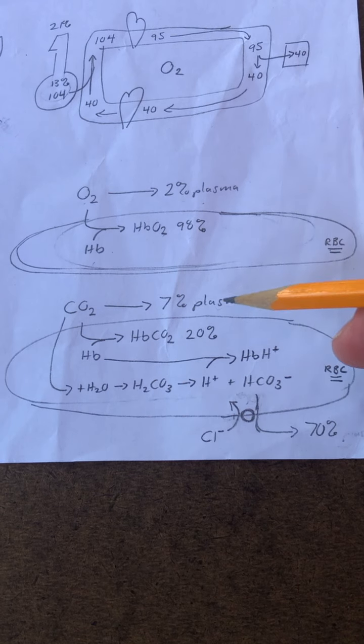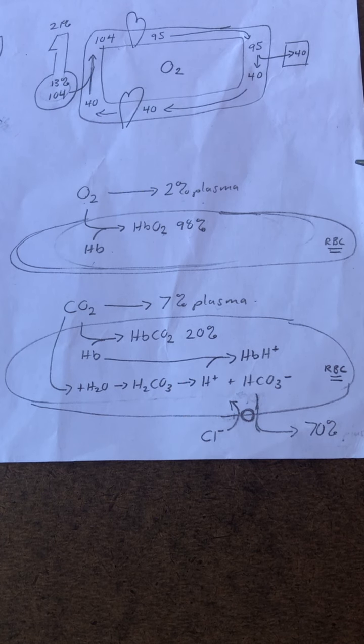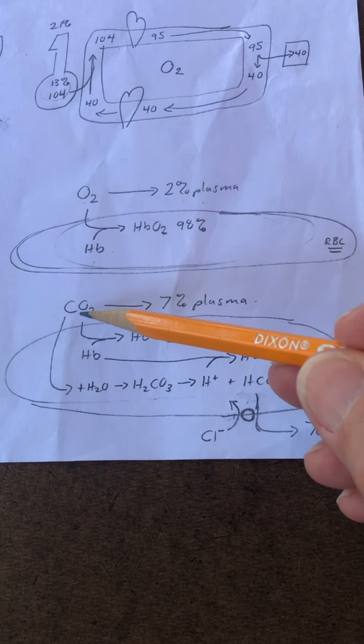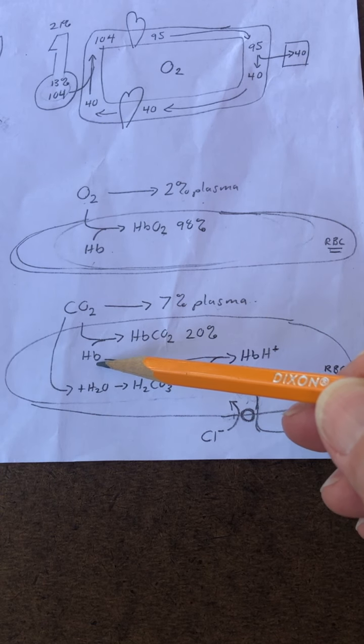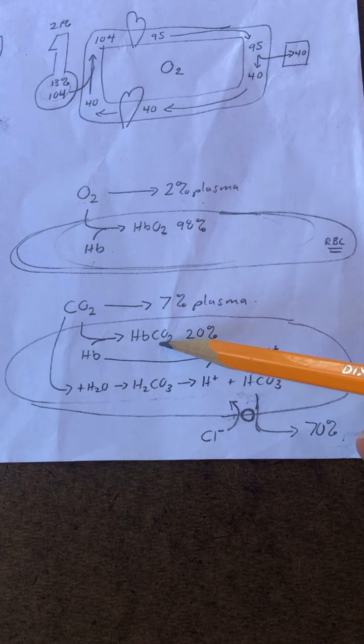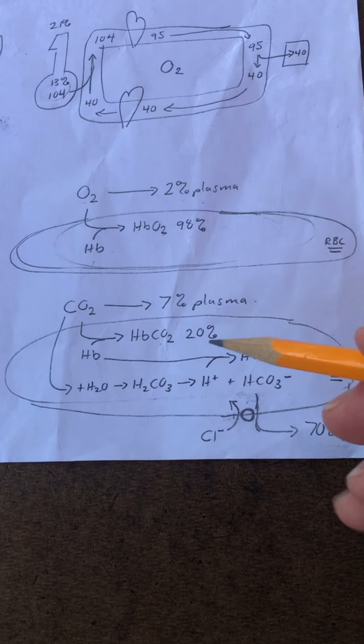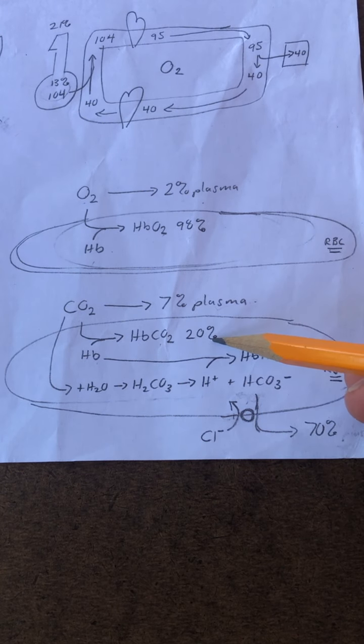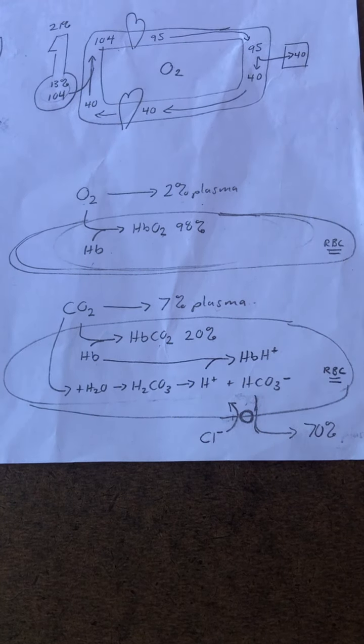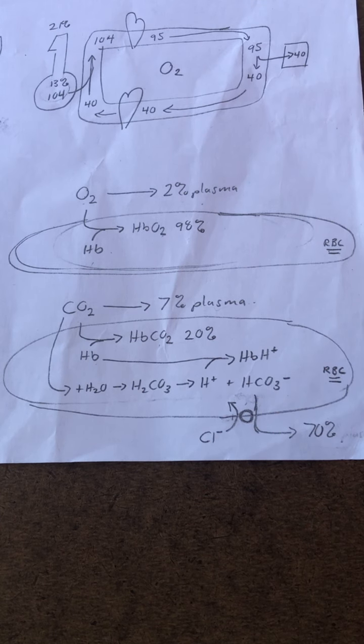So approximately 7% of the carbon dioxide that's carried through the blood is dissolved directly into the plasma. Now, approximately 20 to 23% of the carbon dioxide moves into the red blood cell, loads onto the hemoglobin, and makes carbamine hemoglobin. The carbamine hemoglobin represents about 20 to 23% of the carbon dioxide that's being carried through the circulatory system.